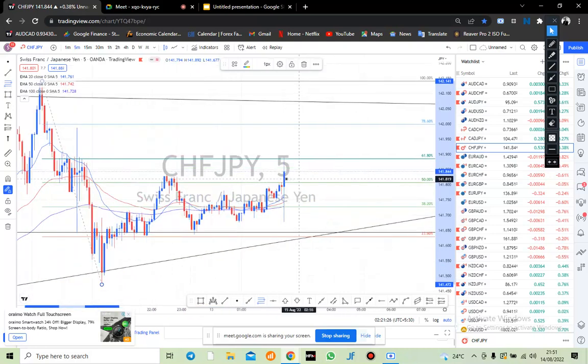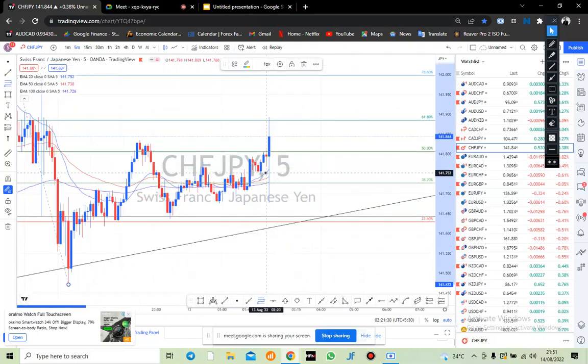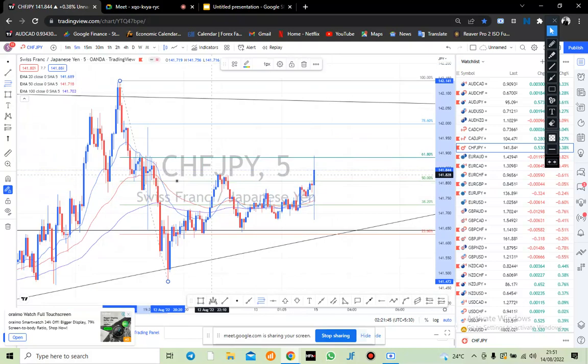And let's see if there's any crossover. Okay, the 20 moving average is above 50, while 50 is above 100. Yes, but you can see that the moving average is giving us negative information for selling this trade.